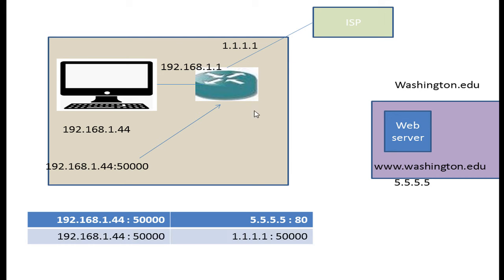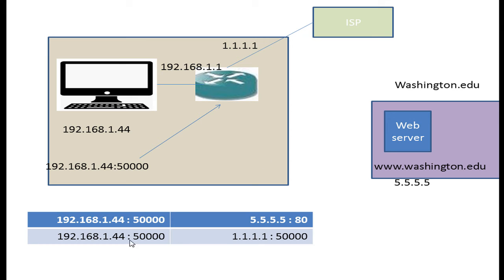So the router knows that this private IP address is non-routable. So when it wants to forward the packet, it would translate the private IP address to its own public IP address. So 192.168.1.44 would be translated to 1.1.1.1, which is the public IP address the router got from the internet service provider.